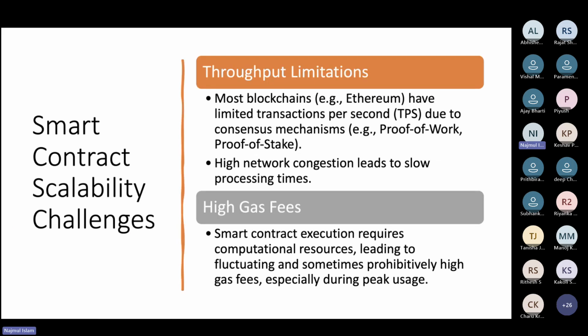And then let's talk about smart contract scalability challenges. This is kind of the main thing of today's one hour session. So, throughput limitations: you have already mentioned it when I asked through menti.com, that most blockchains, including Ethereum, have limited transactions per second, TPS, due to the consensus mechanism, whether you are using proof of work, proof of stake, proof of importance or whatever.